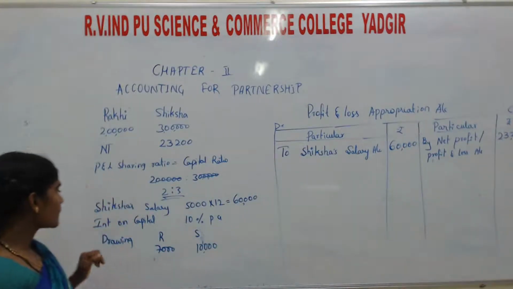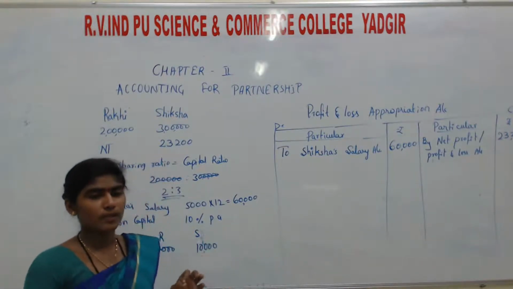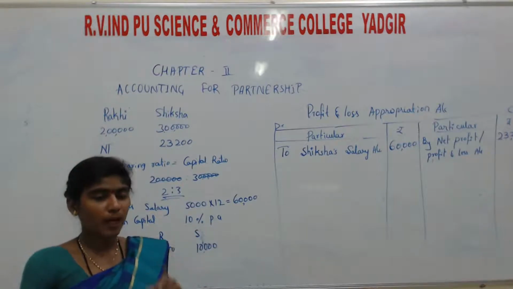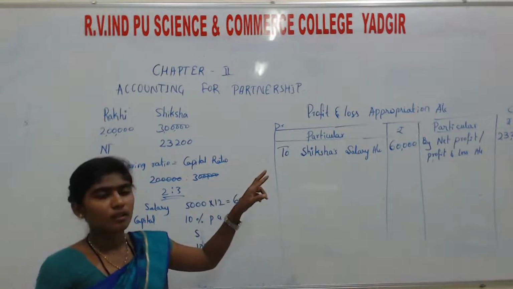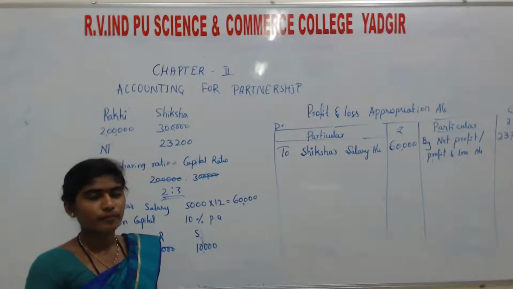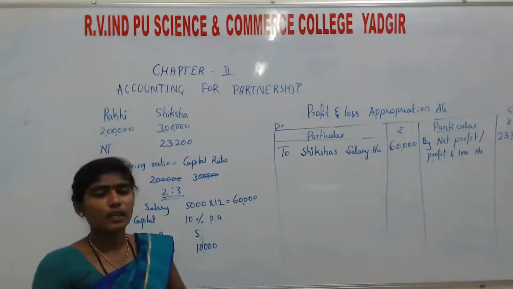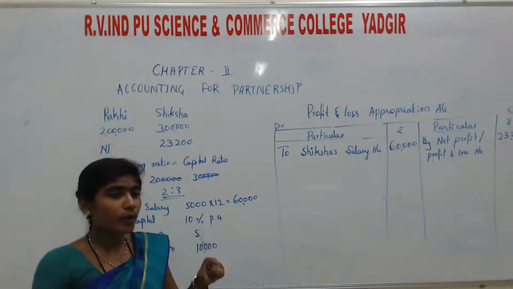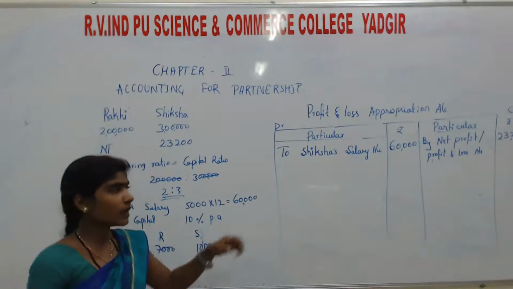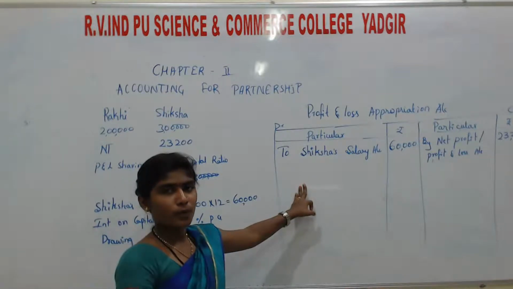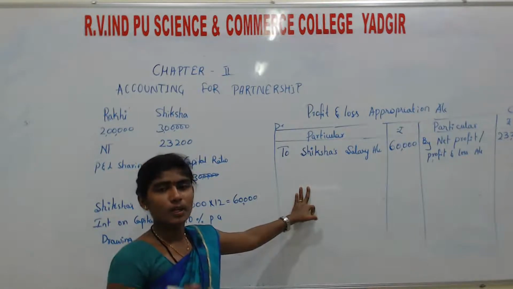After that, interest on partners' capitals. For paying interest on capital of the partners, for a firm it is an expenditure. The firm is paying interest on capital to the partners, no? So these are expenses for a firm and income for partners.